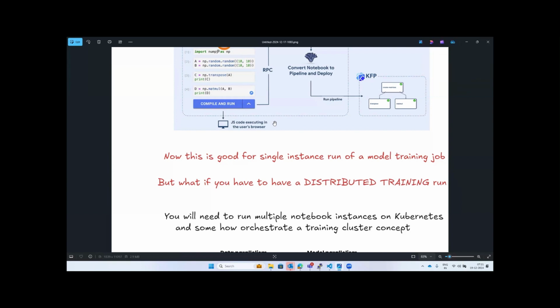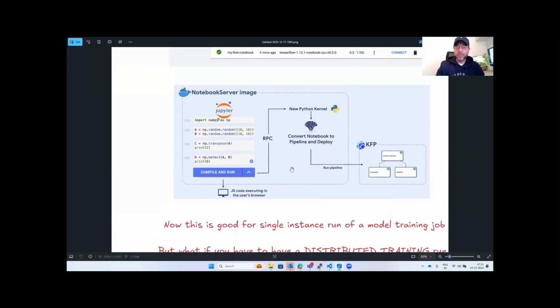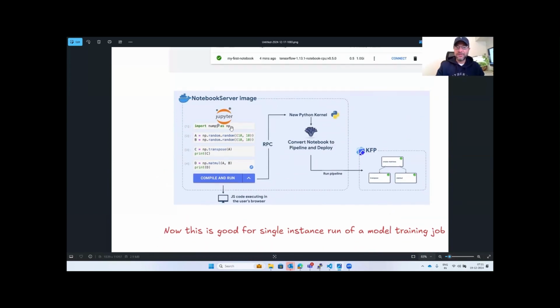So what if somebody was to offer you, like what I have, a Kubernetes cluster with a multi-node environment? Here I have only 2 nodes with 2 GPUs each, means 4 GPUs. What if somebody gave you a 40 GPU farm? How do you utilize that? So in essence, you would start a distributed training run where your one notebook is not enough.